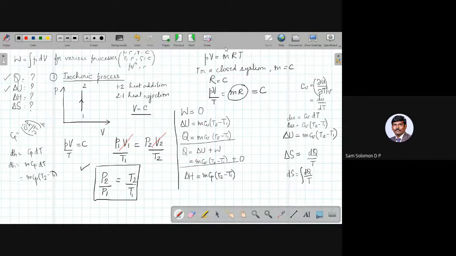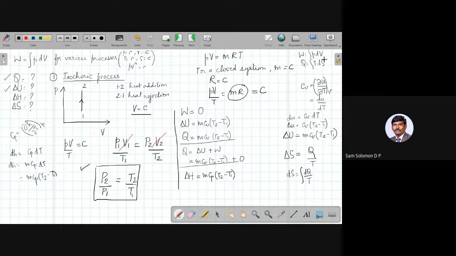Okay, sorry, so this is supposed to be q by T. Delta S is q by T, ds is integral of dq by T. You know that W is integral PdV and Q is integral TdS.